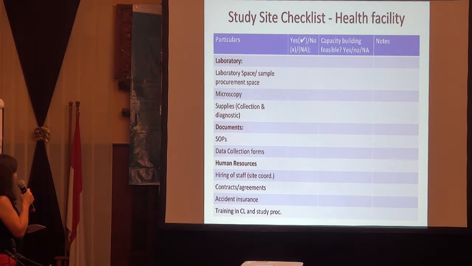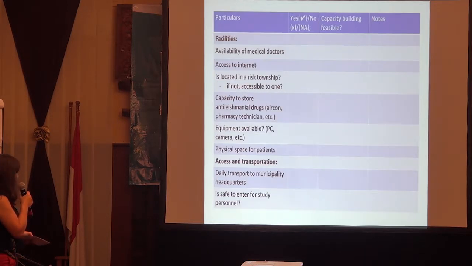We need SOPs, data collection forms. In human resources, when we select the site, we need to be sure that we have the staff hired, contract agreements, and accident insurance, because as Mari says, we are working in very sensitive areas. We need, of course, to conduct training, as we mentioned before.